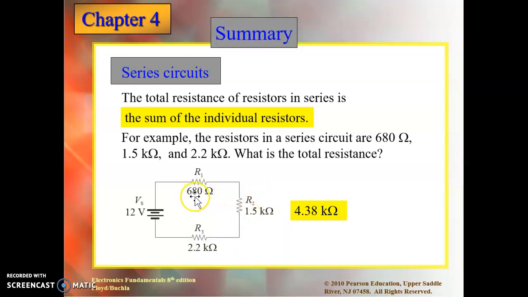So we would say 680 ohms plus 1500 ohms plus 2200 ohms. That's going to give us a total of 4.38 kilo ohms. So in order to find the total resistance of the circuit, we just add them linearly.